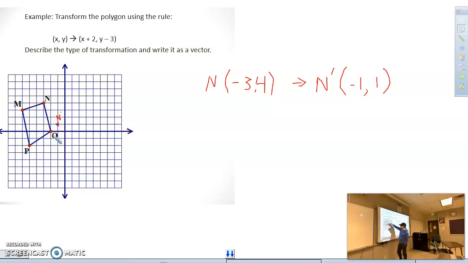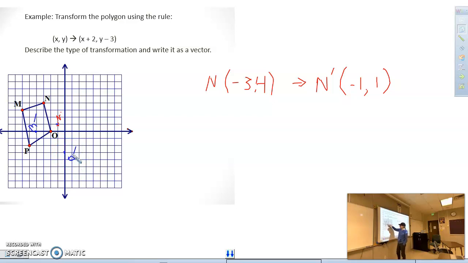So if I'm starting with N, I know M is down 1 and left 3. So from here, I go down 1 and left 3. This is a different way to go, but it would also result in the same shape. That would be M prime. Okay, and then N, you go to O, you go right 1 and down 1, 2, 3, 4. So right 1 and down 1, 2, 3, 4. And that would be O prime.